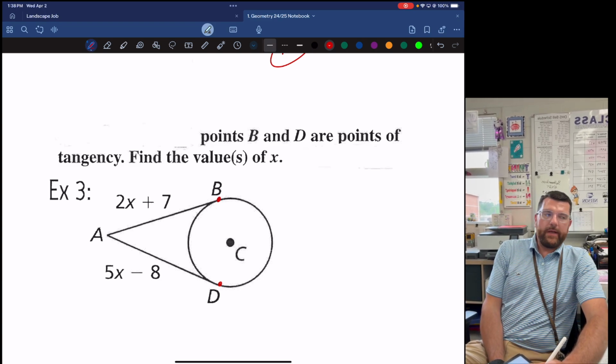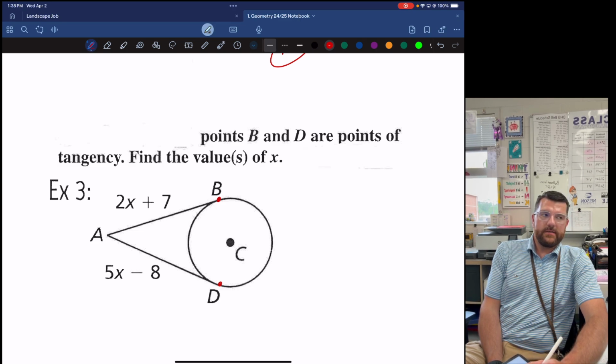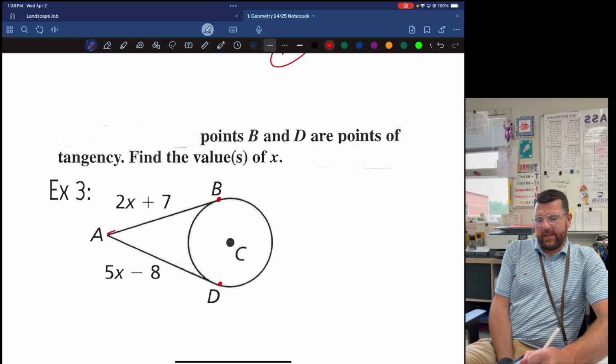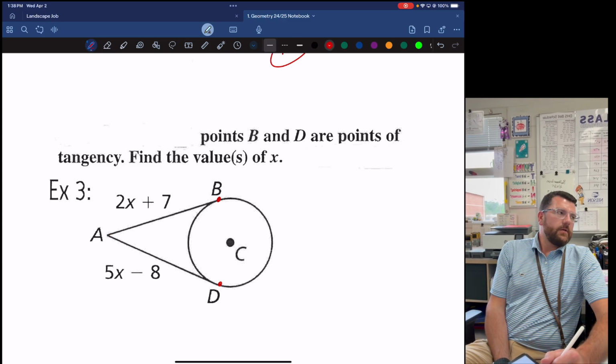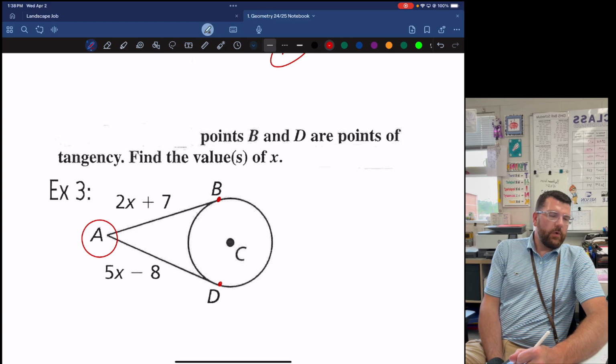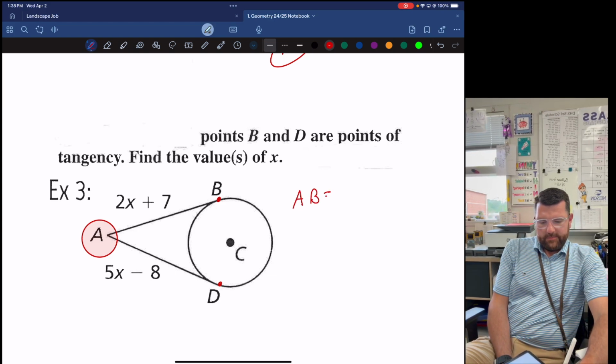If there is a point of tangency, there must also be a tangent line. Both tangent lines AB and AD share a common endpoint, A. So what do we know about them if they are tangents? They would be equal to each other. AB should equal AD.